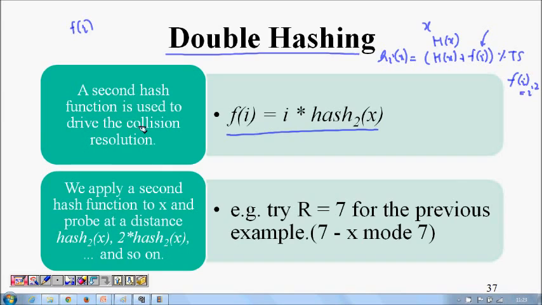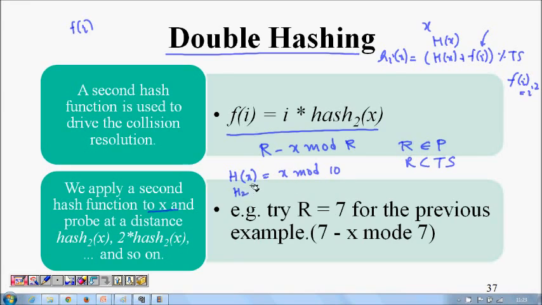We apply a second hash function to x, and then f(1) will be 1 times hash2(x), f(2) will be 2 times hash2(x), f(3) will be 3 times hash2(x), etc. One good second hash function is r minus (x mod r), where r is a prime number which is smaller than your table size.